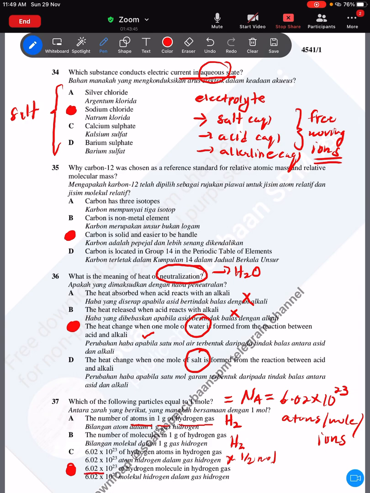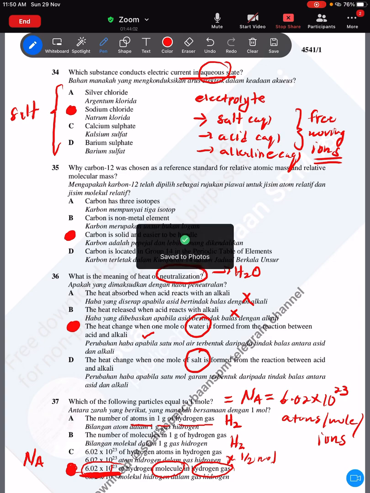Because this one is equivalent to Avogadro constant. And this Avogadro constant is the molecule of a hydrogen gas. Therefore, this is equivalent to 1 mole. This is equivalent to 1 mole. Okay, next one.